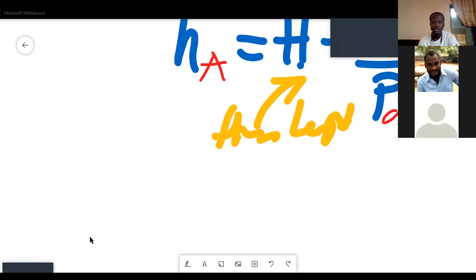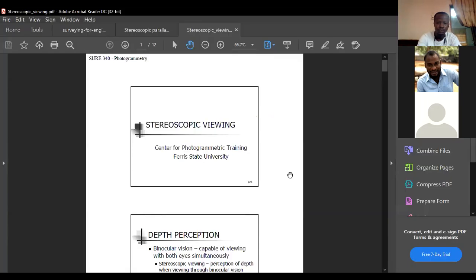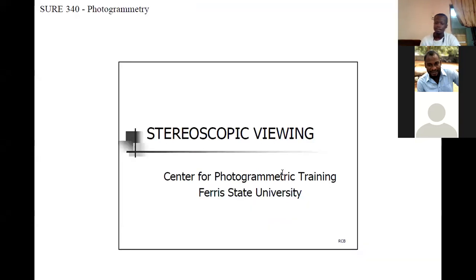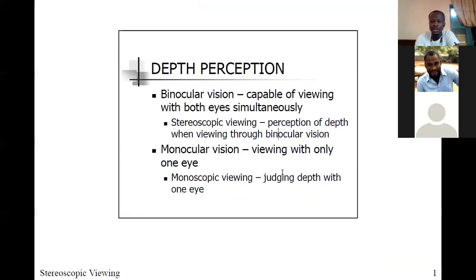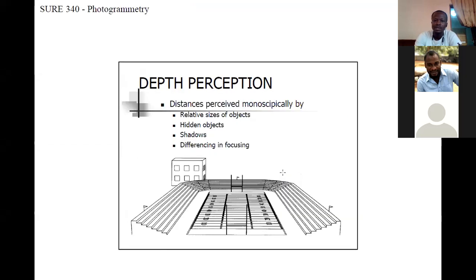So if I'm sharing my PowerPoint, I'll brush through this quickly. So we have binocular vision, then we have monocular vision, viewing with one eye, viewing with two eyes. There's depth perception.